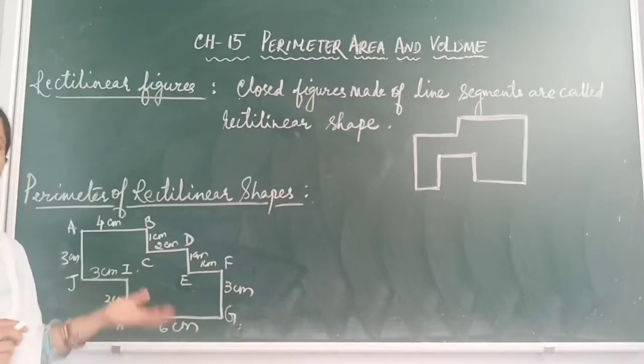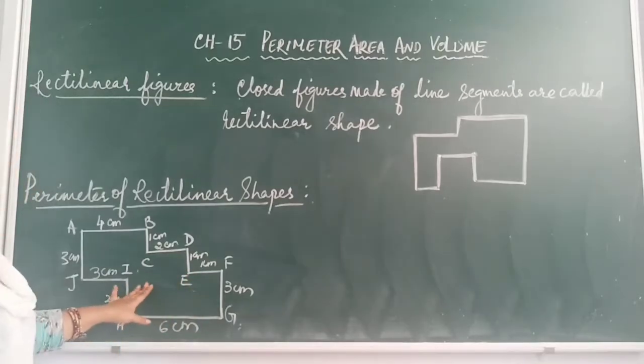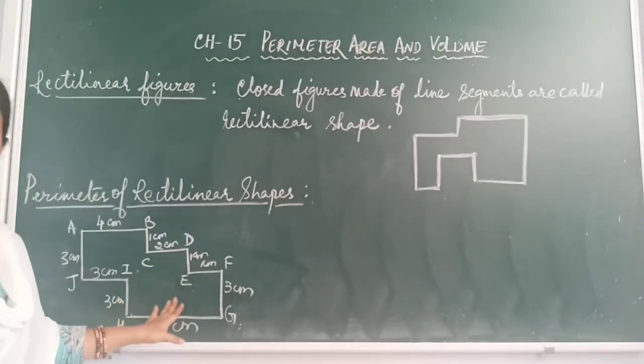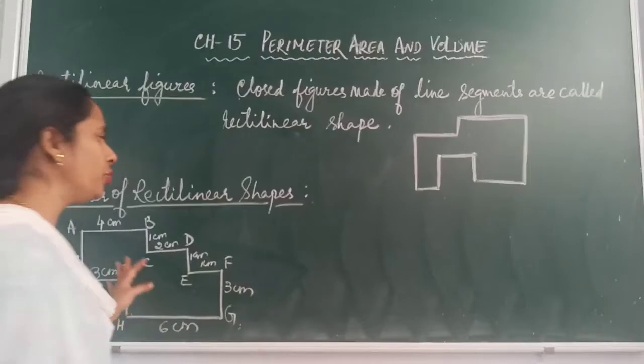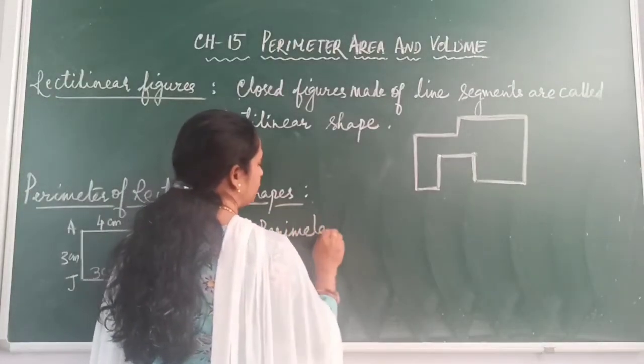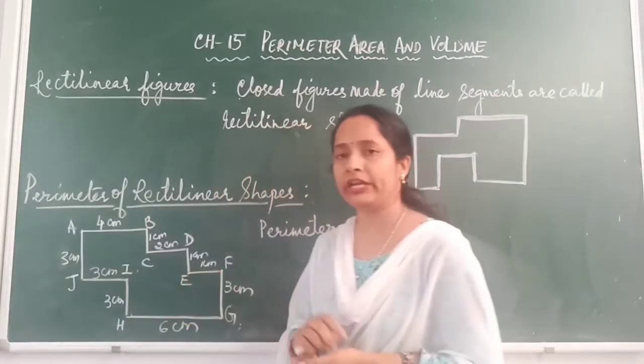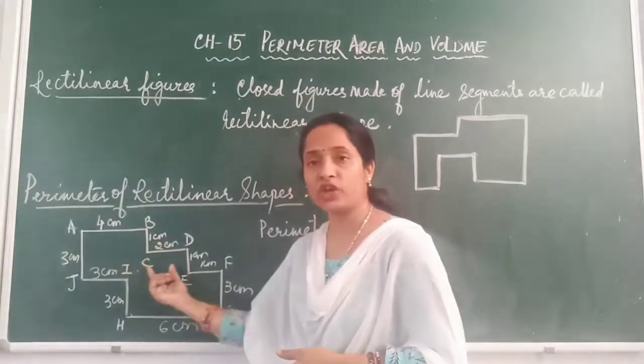Now how will you find the perimeter of this particular given rectilinear shape? What you will do? Perimeter is equal to what? Perimeter is equal to the total length of the boundary. Now here the total length of the boundary can be found by adding the lengths of the line segments.